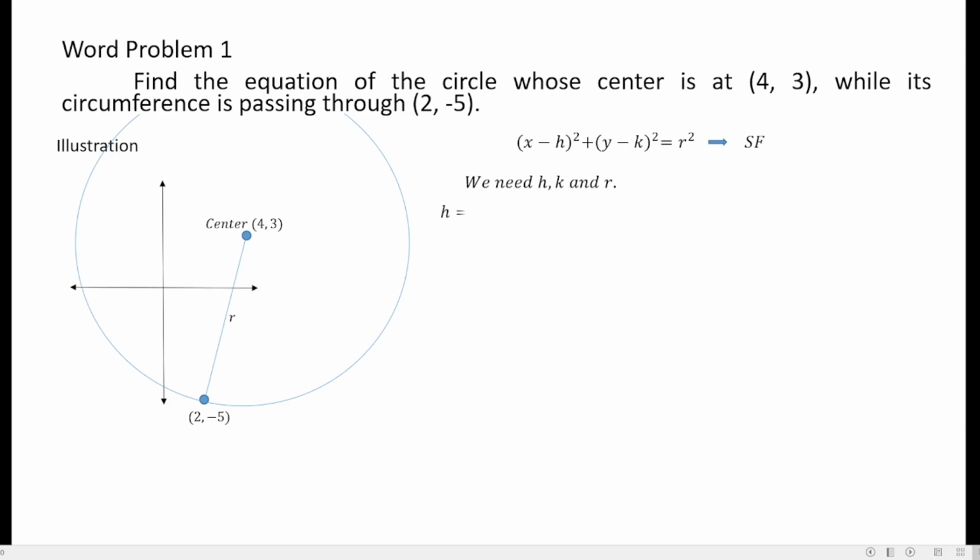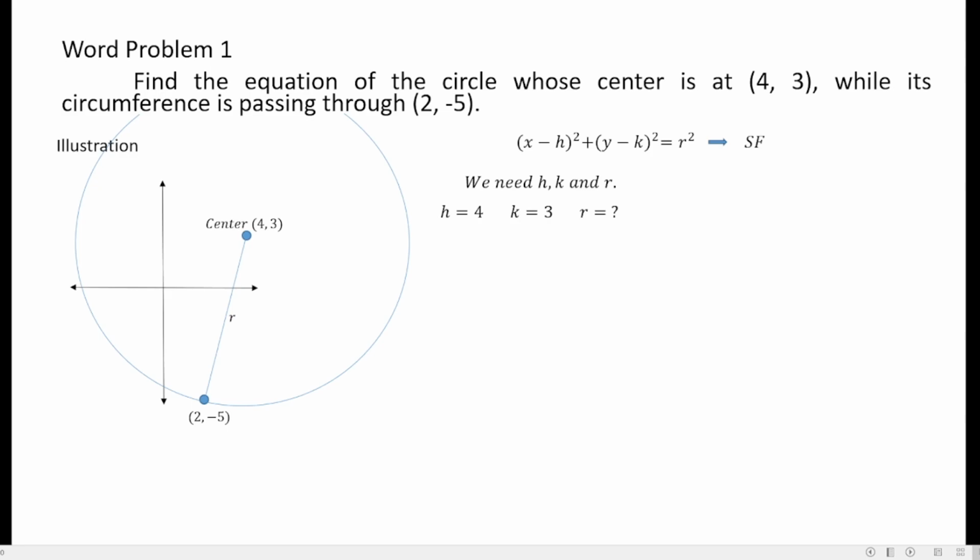Now, as you can see, h is already 4, because h is just the x coordinate of the center. So that's easy. k is equal to 3, because k is just the y coordinate of the center. Now for r, this is the problem because we don't have the value of r.